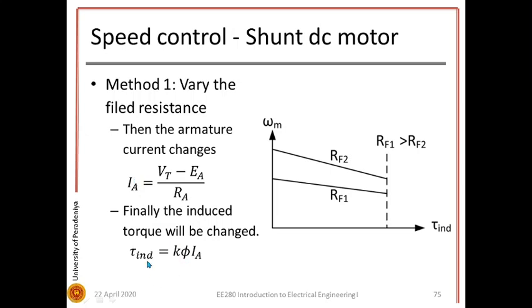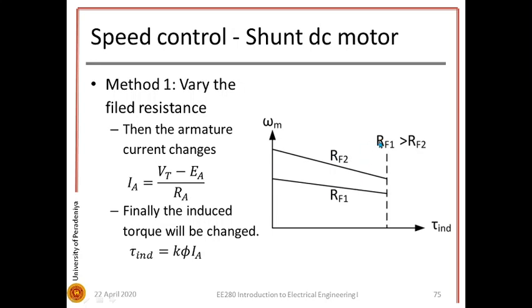Then the induced torque equals K phi IA. Therefore, you can control the induced torque. This characteristic curve relates the speed of the motor against the induced torque. So if you have two field resistance values, then this would be your characteristic curve.